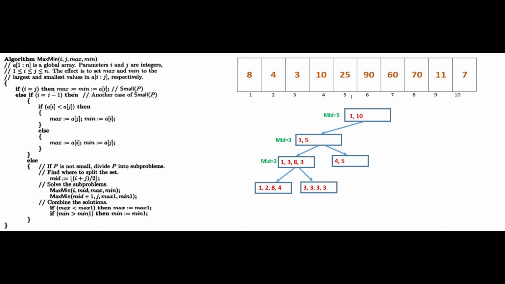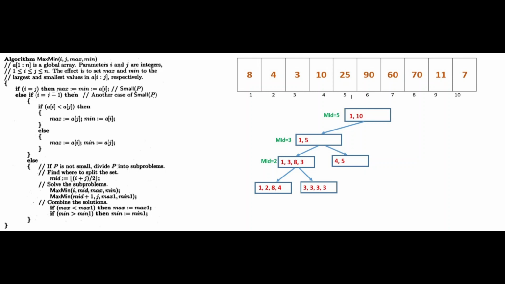Then in the if, we have to find which is greater. Listen to the array: A of i means A of 4, which is 10, and A of j, A of 5, is 25.